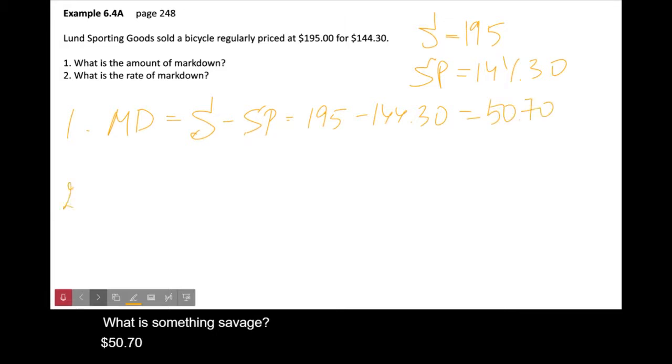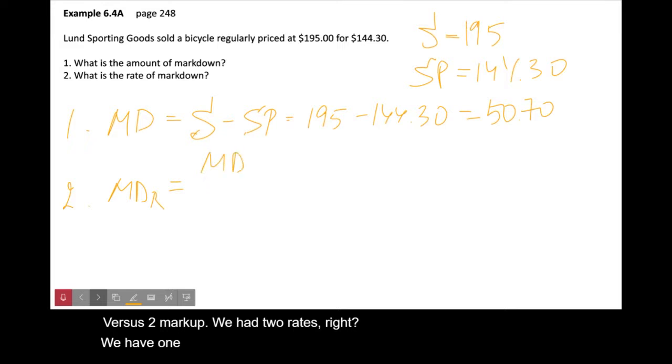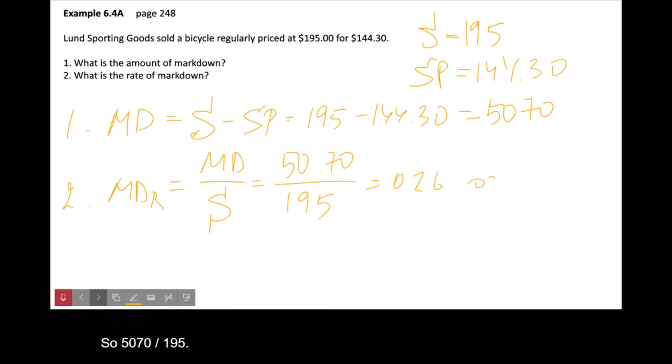And second, rate of markdown, that's only one, versus markup where we had two rates. Now we have one rate only, which is markdown amount over S. So 50.70 over 195. 0.26 or 26%.